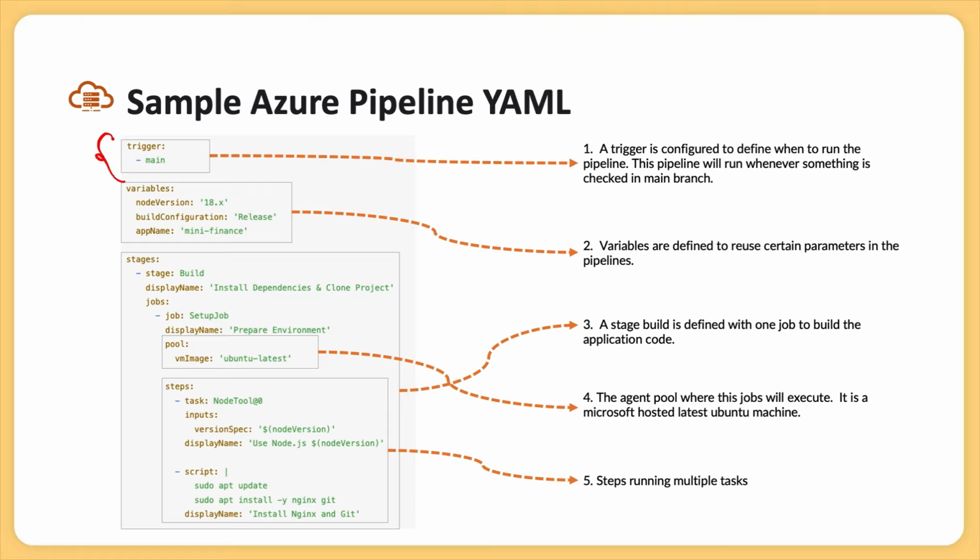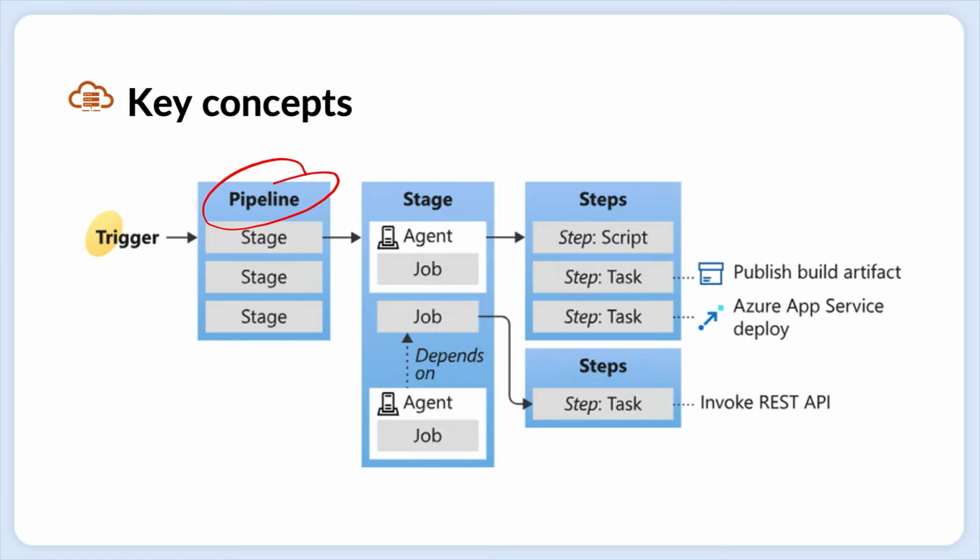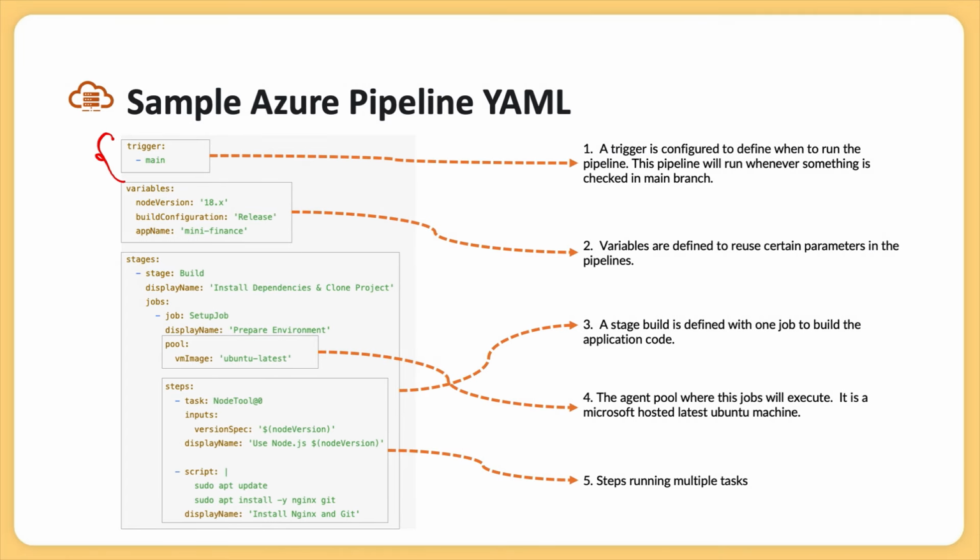Now remember, if you see our architecture here, if you want to trigger a pipeline, we need a trigger, right? If you want to start a pipeline, then we need a trigger for when you want this pipeline to start. So this is what we define first in our Azure pipeline configuration.